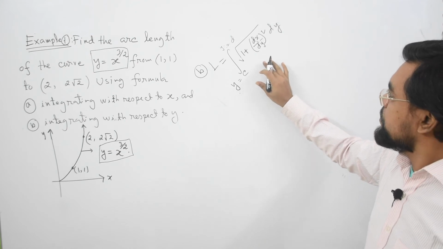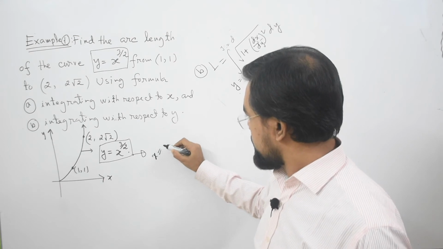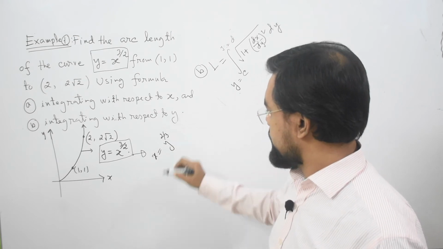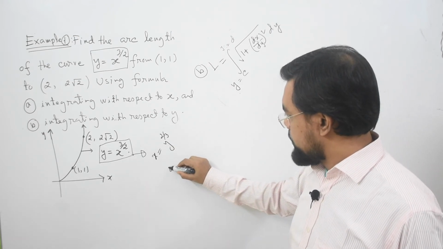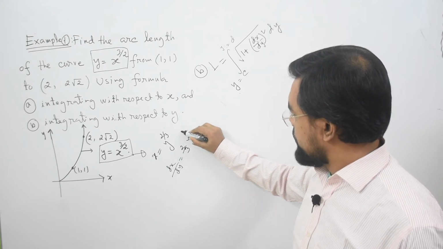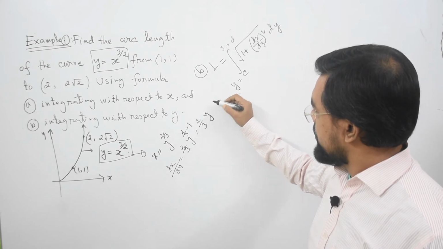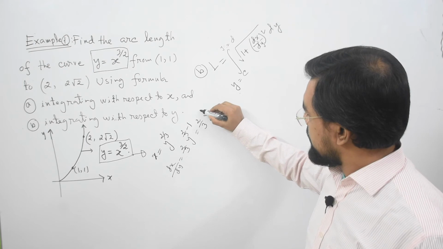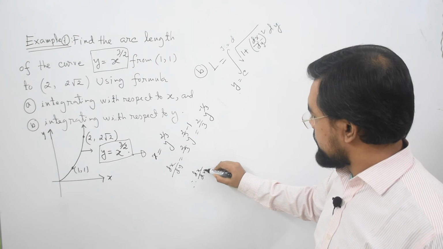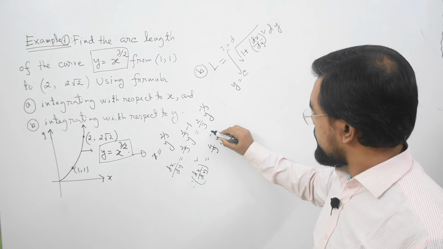So in order to use this formula, we need to convert this equation into x equals a function of y, that will be y to the power 2/3. So dx/dy will be 2/3 y to the power 2/3 minus 1, which is equal to 2/3 y to the power minus 1/3. So the square of dx/dy will be 4/9 y to the power minus 2/3.